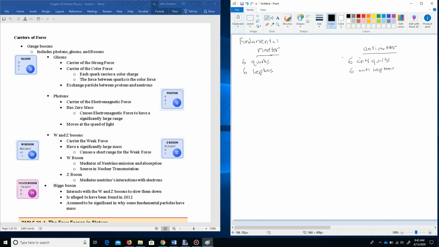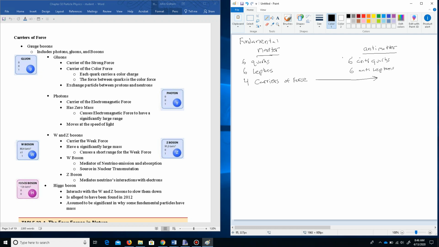And we also have 4 carriers of force. And these are their own antiparticles. Right? So these include photons, gluons, and bosons.